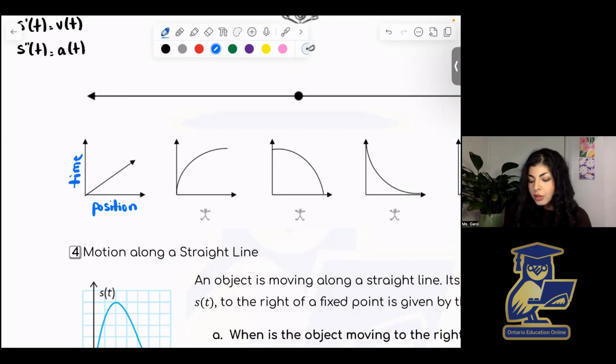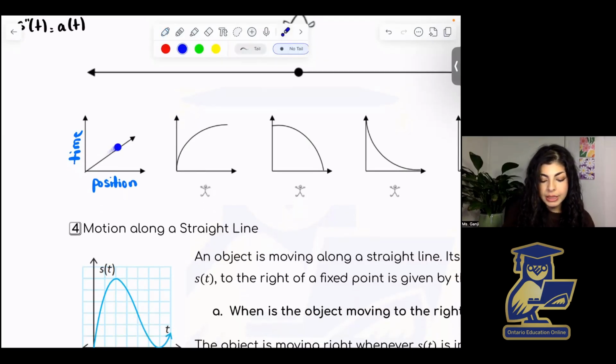So in this example, our displacement is increasing at a constant rate, which means that you're moving the same amount of meters in the same amount of time. So if you're moving 5 meters in 1 minute, you're doing that at every 1 minute interval.